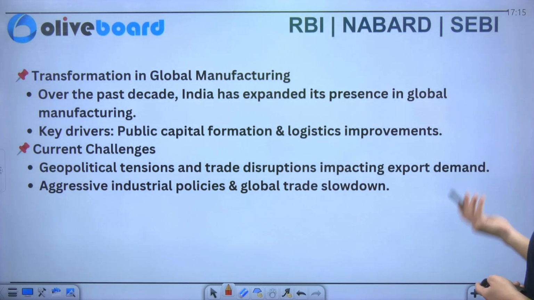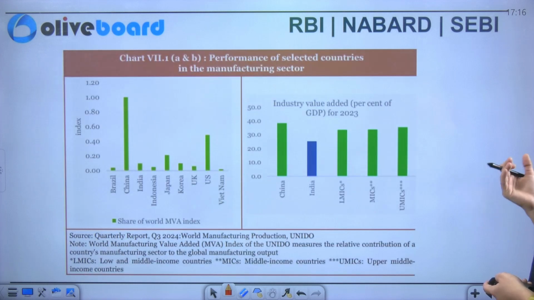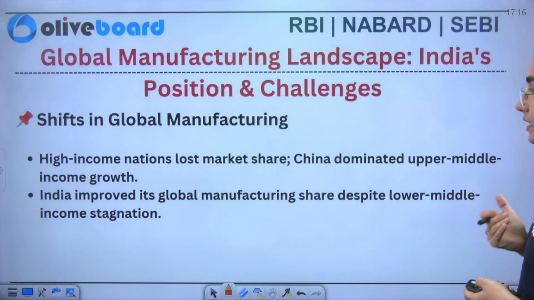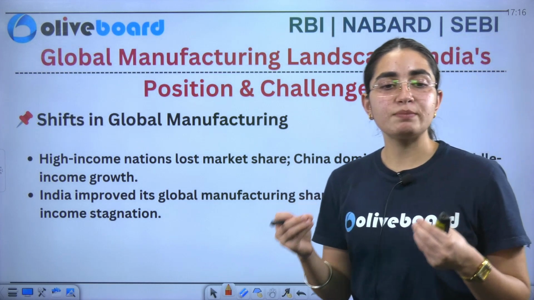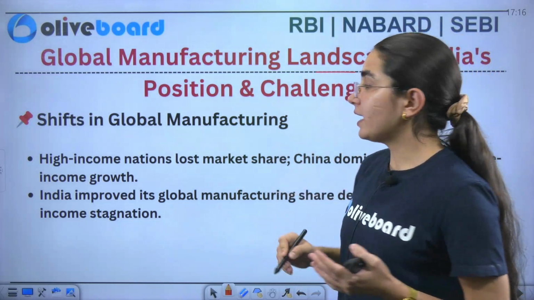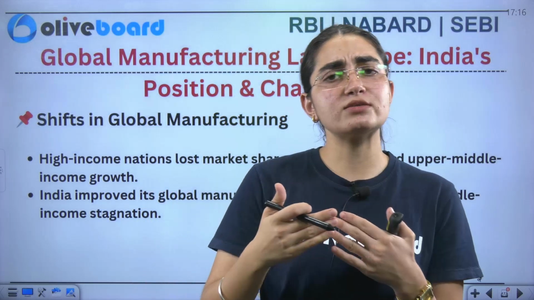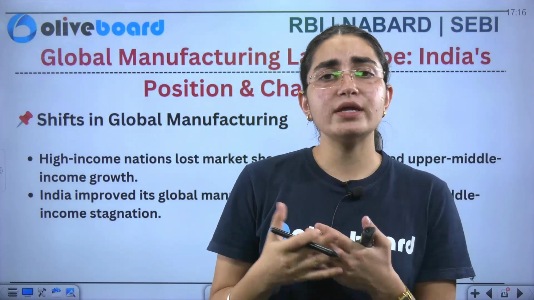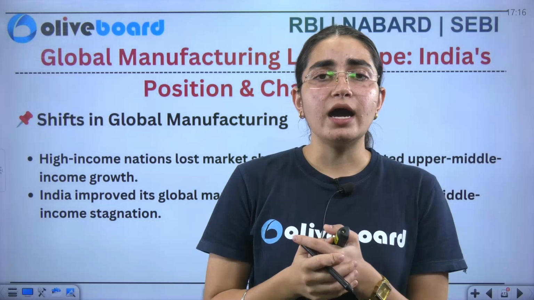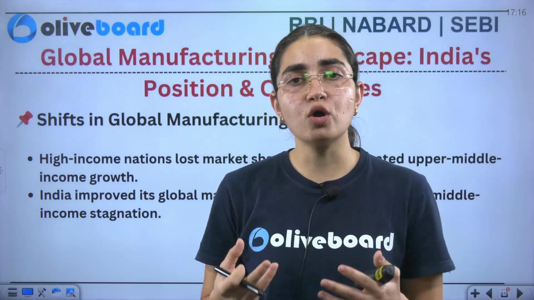Now we'll talk about the transformation in global manufacturing. We'll see what the sectoral trends are that are said here, and we'll see the way forward as well, but one by one. Now what is specifically mentioned in the global manufacturing landscape is that, if I look at the period of a decade, high income countries are the ones who have faced a lot of problems here.